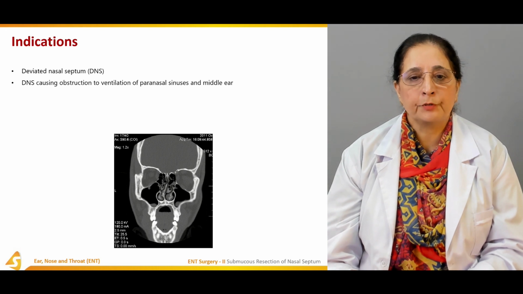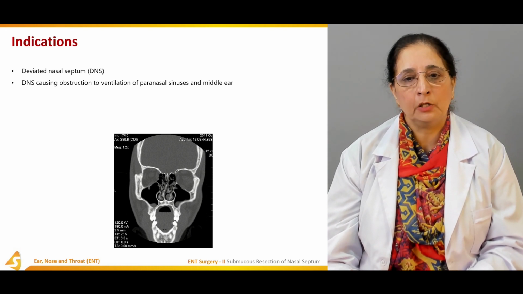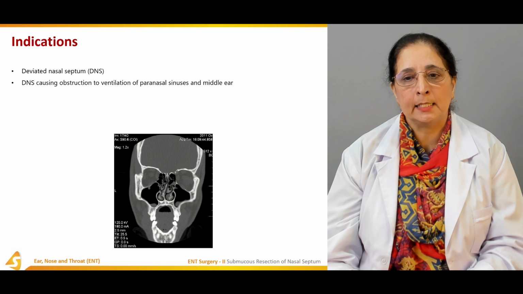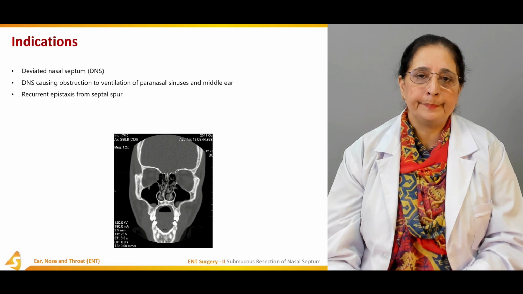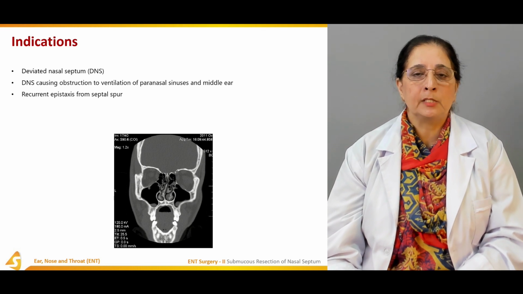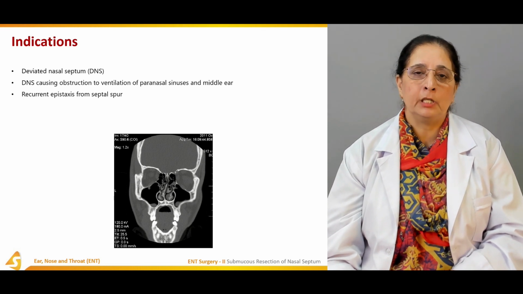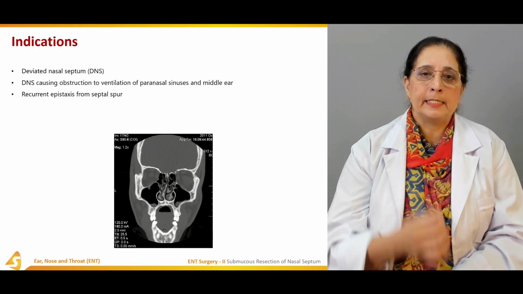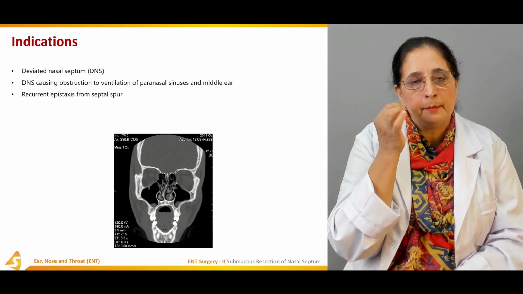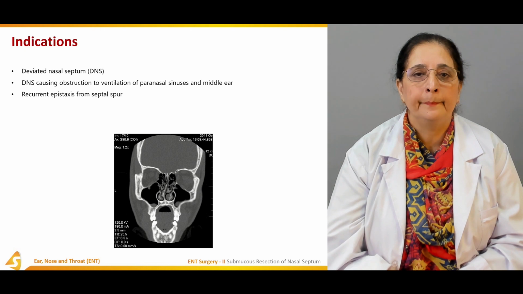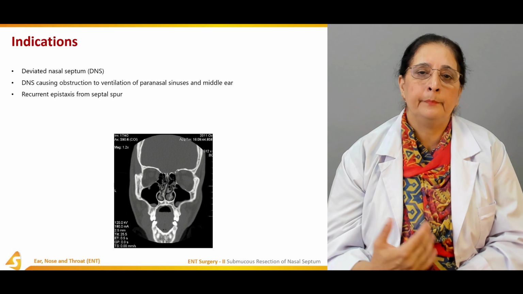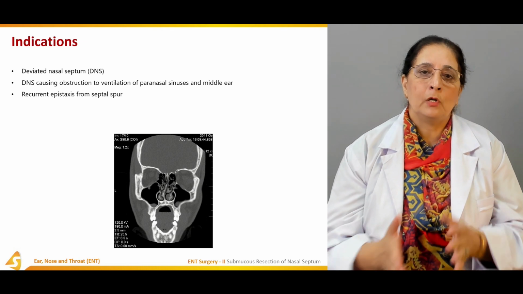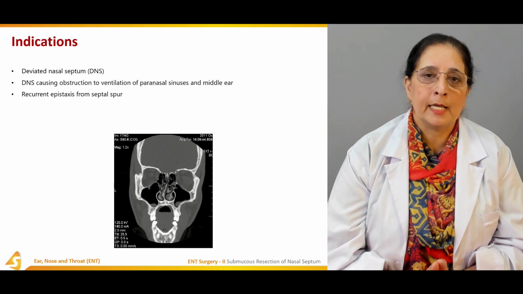DNS causing obstruction to ventilation of paranasal sinuses and middle ear. Recurrent epistaxis from septal spur is another indication. If there is a spurring of the septum, that can cause epistaxis or constant nosebleed. That's also an indication for SMR.